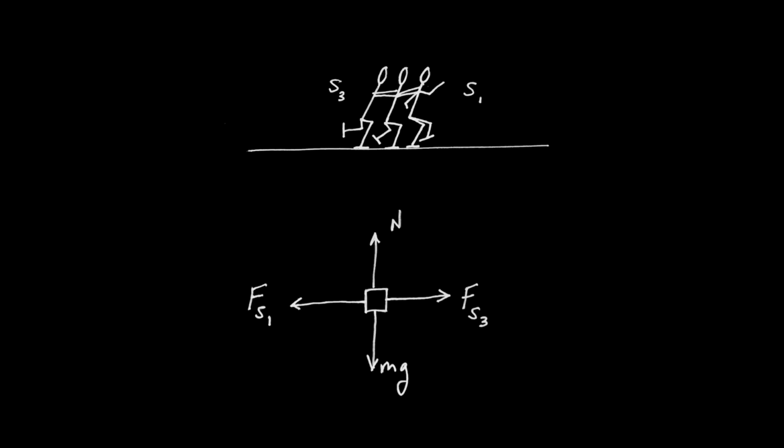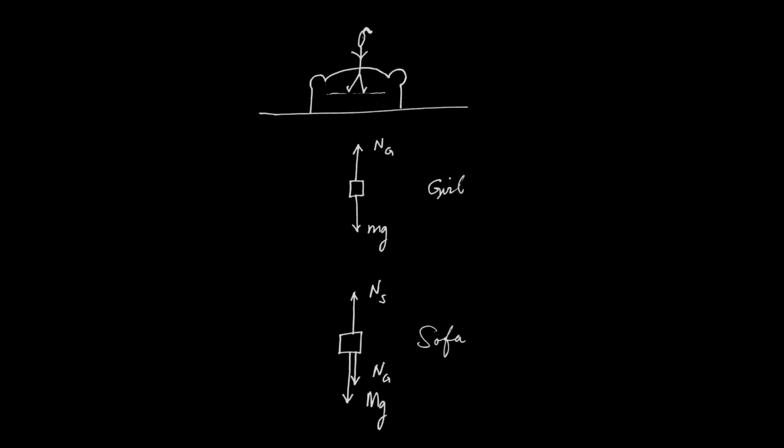That force is the force due to skater number 1, and it has to be directed to the left simply by virtue of the fact that skater number 1 is to the right of skater number 2. So on my free body diagram, I've drawn the force exerted by skater number 1 on skater number 2 as Fs1 directed to the left.